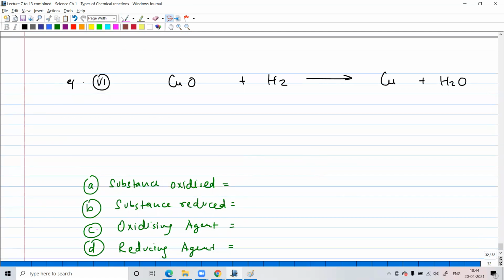Okay. So hydrogen is getting oxidized. What is the reason behind that? Addition of a non-metal or oxygen. But here it's very straightforward.